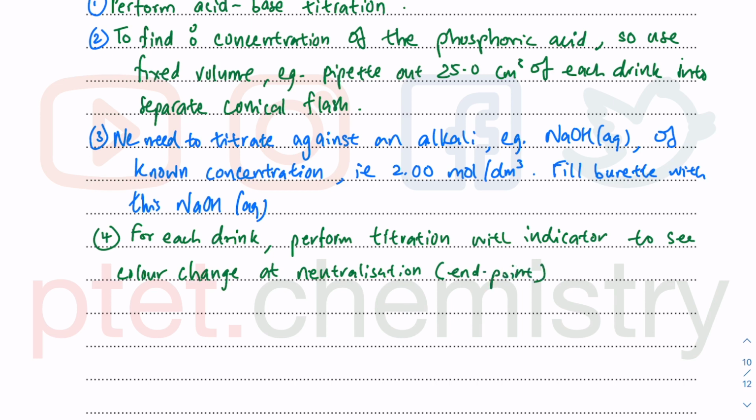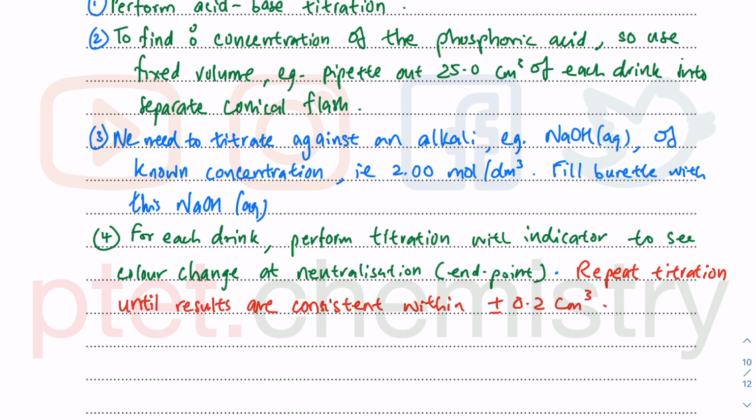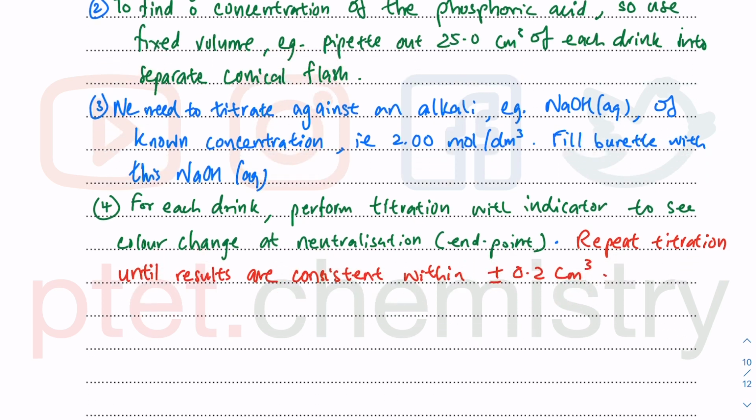But when you do titrations, you don't just do it once. So what we must say is we have to repeat the titration. We are not trying to make crystals or anything. We just need to repeat titrations until results are consistent. That means the volumes of your titres are consistent, and we have to say the usual thing, within plus or minus 0.2 cm3. This is acceptable for IGCSE as well as A level standards.